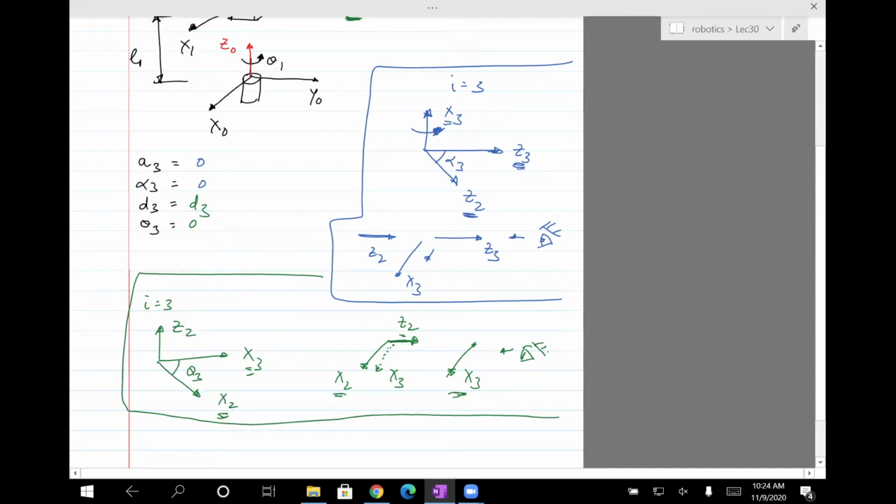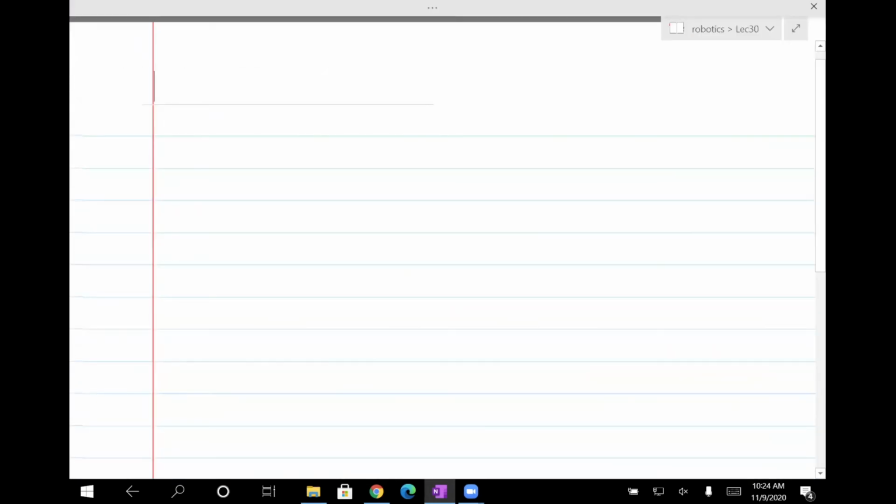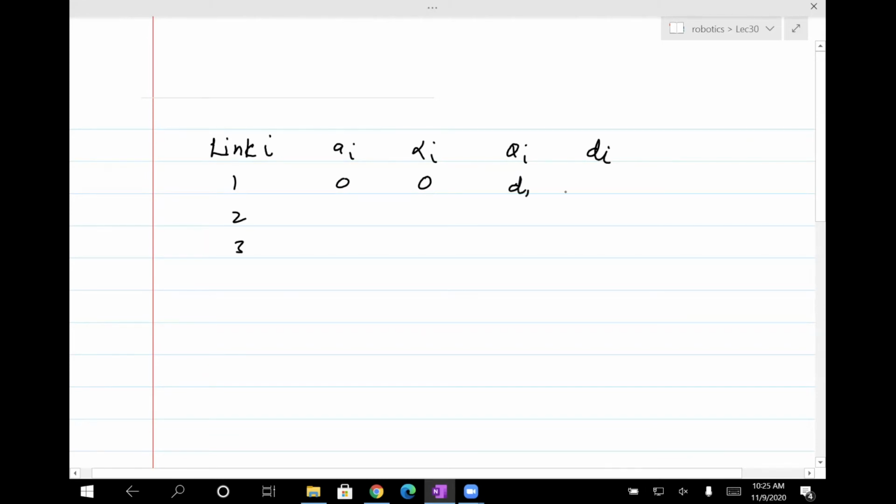So I'm going to put all that together now. So the DH table is now ready. So we have from the first page we did today 0, 0, L1, theta 1.